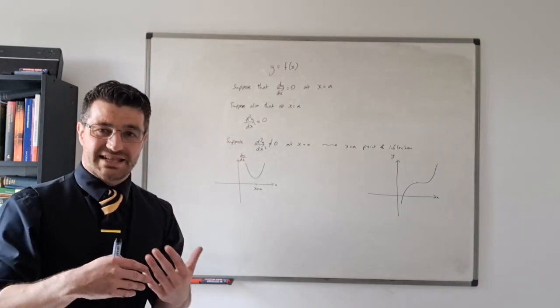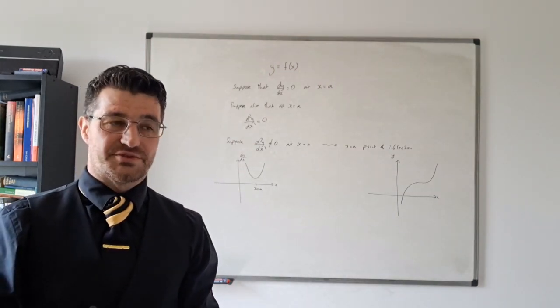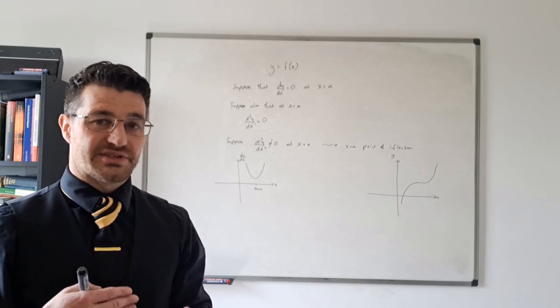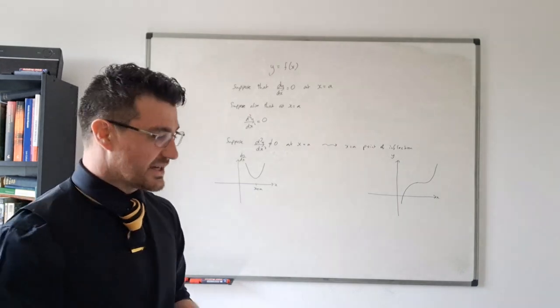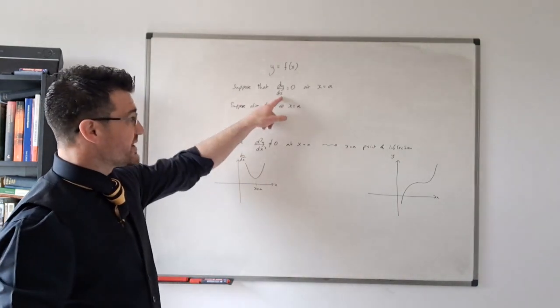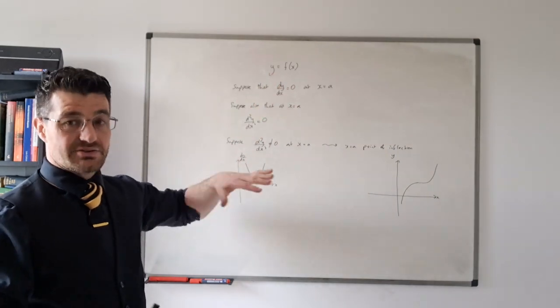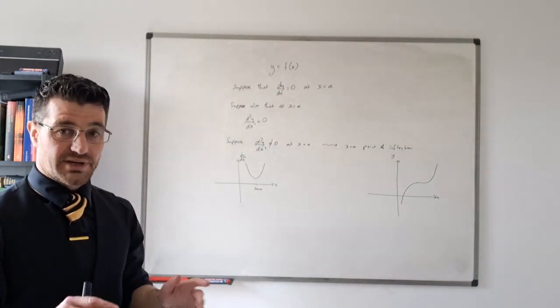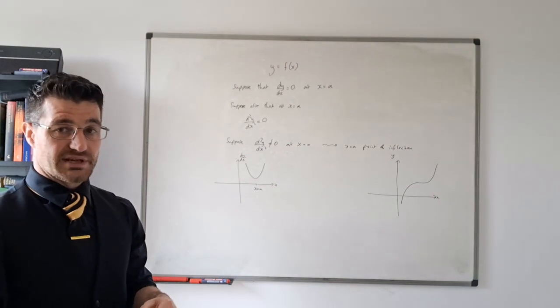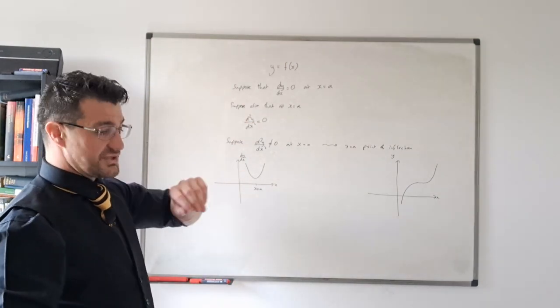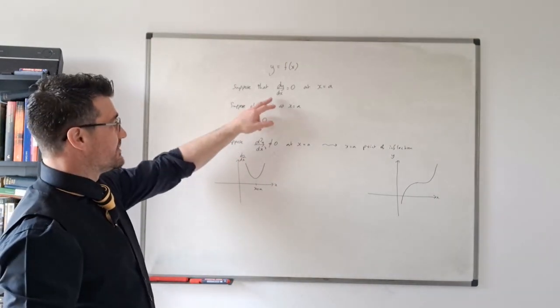So again, it's down to these odd numbered derivatives being the derivatives that really determine when we've got points of inflection. But when you've got a turning point involved, the second derivative test is inconclusive when the second derivative is equal to 0. But just for clarity, I'll say it one more time.